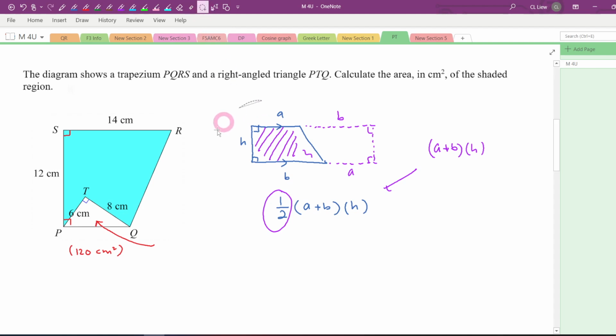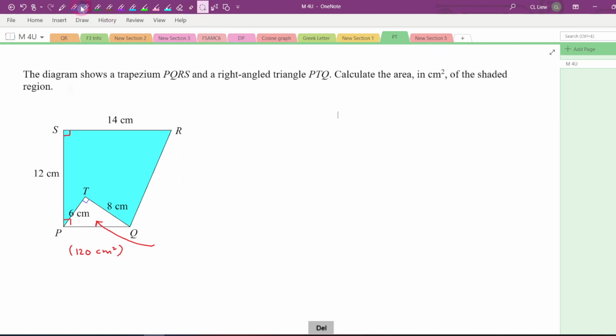Now, to find the area of this trapezium PQRS, we know that the area is 1 over 2 times the sum of two parallel sides, which means here and here, 14 plus, but now we have a problem.